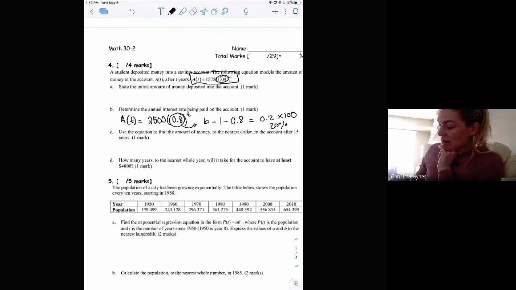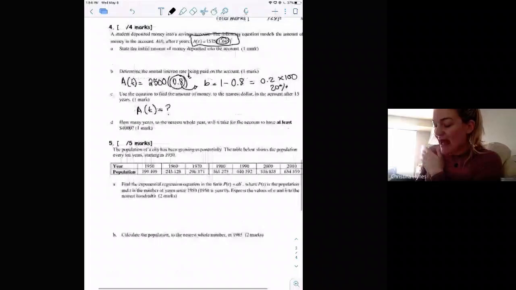C, it says use the equation to find the amount of money to the nearest dollar in the account after 15 years. What they want you to do is they're giving you time, T, as 15 years. You just have to substitute and solve for the missing A of T. So you're solving for A of T here.